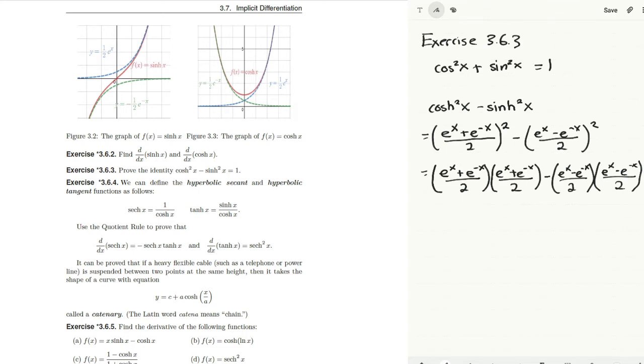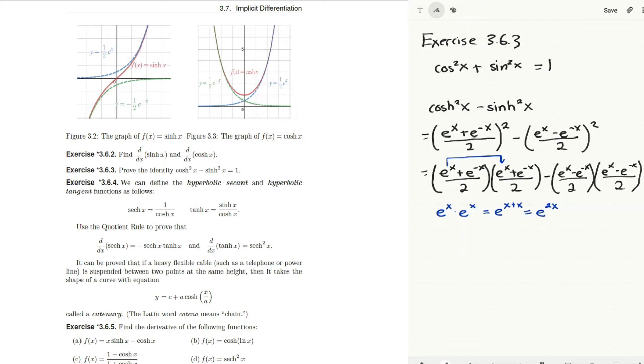So for the first term, we have e to the x times e to the x. So what is e to the x times e to the x? Well, let's use our laws of exponents. If we multiply two terms that have the same base, then we add their exponents. So that's e to the x plus x, which will simplify to e to the 2x.